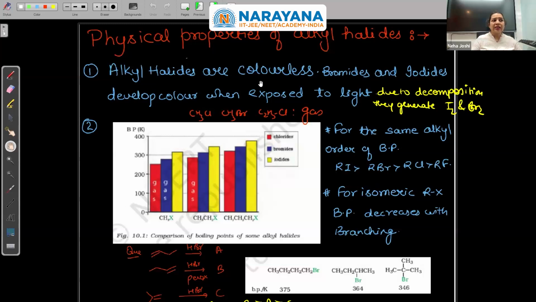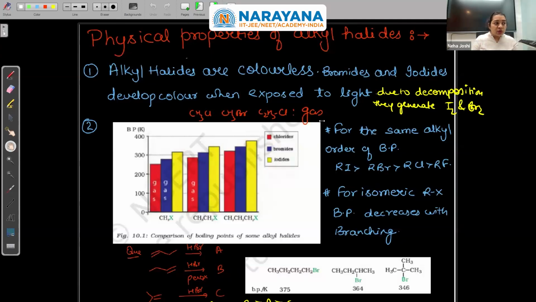So alkyl halides are colorless. Bromides and iodides after some time may develop color when exposed to light. Why? Because the carbon iodine and carbon bromine bonds, being relatively weaker, can dissociate and generate Br2 and I2 in the medium.